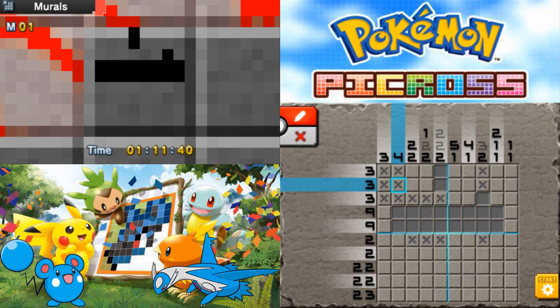Which means those aren't in the 3. That's a 4. So that's the 2 right there. It needs to be a 3.